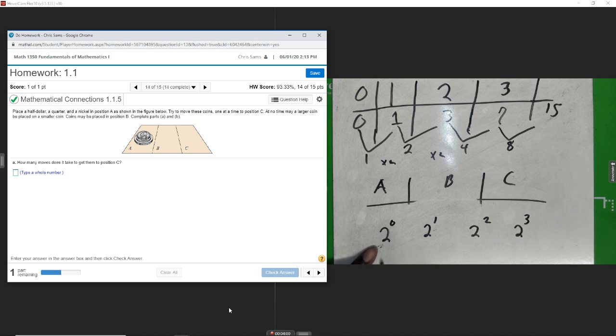However, if you raise 2 to the 0 power, this is giving us 1, not 0. If I raise 2 to the first power, this is giving me 2, not 1. If I raise 2 to the second power, it's going to give me 4, not 3.